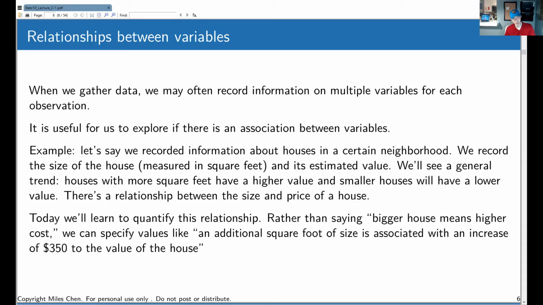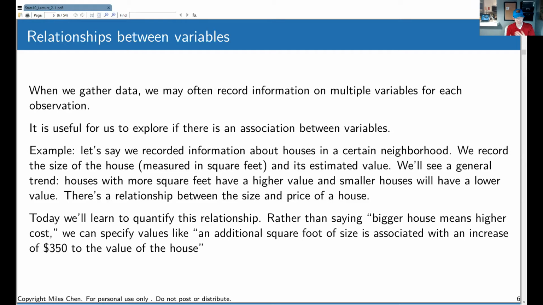Another example is maybe we record information about houses in a certain neighborhood. So imagine there's houses, and you can record how many bedrooms and how many bathrooms. But let's just say we measured the size of the house, okay, measured in square feet, and its estimated value, right?